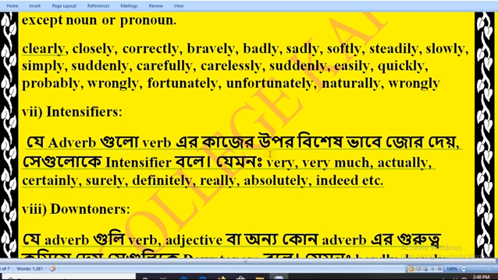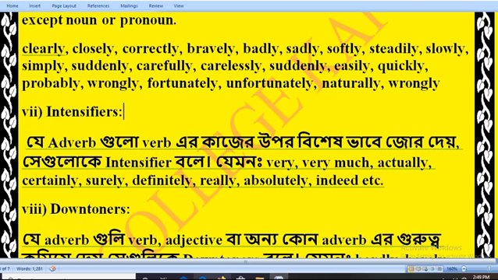These four words are very commonly used as intensifiers. Okay, remember it. যে ওয়ার্ডগুলো ভার্বের কাজের উপর বিশেষভাবে জোর দেয় সেগুলো হলো intensifier. আমি এখানে অনেকগুলো দিয়েছি, but you try to remember four words: very, very much, actually, certainly, or surely. That's all.